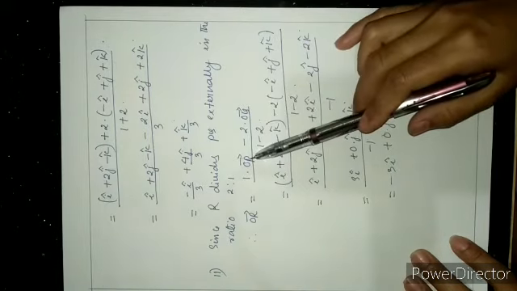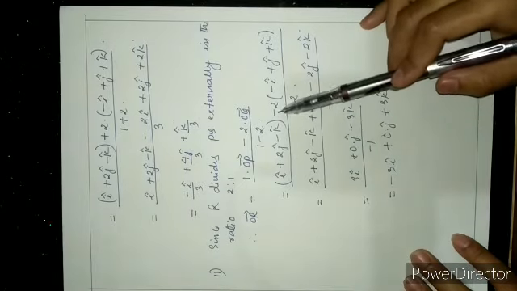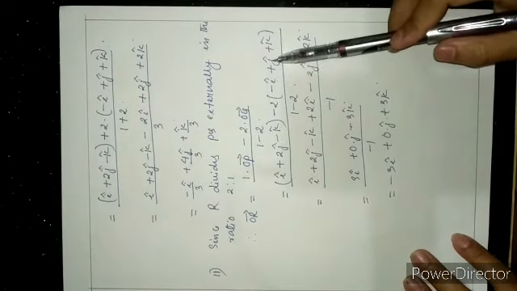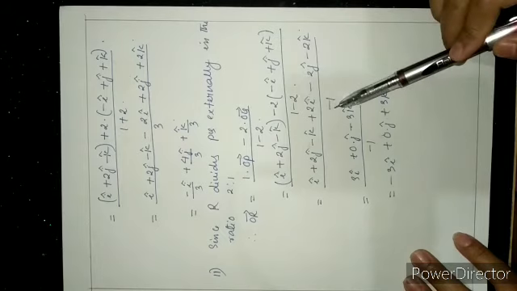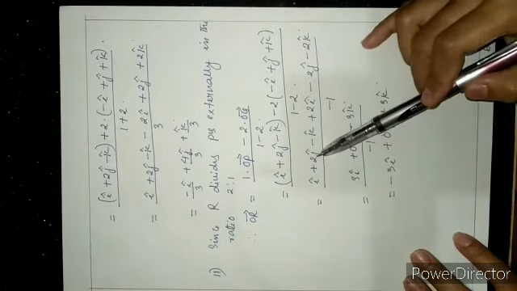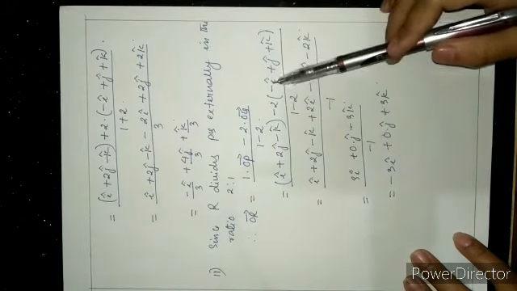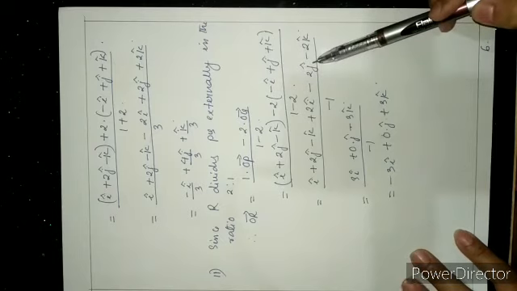So write the position vector of P, i cap plus 2j cap minus k cap, minus 2 times the components of Q, minus i cap plus j cap plus k cap, divided by 1 minus 2, then multiply these components by minus 2.